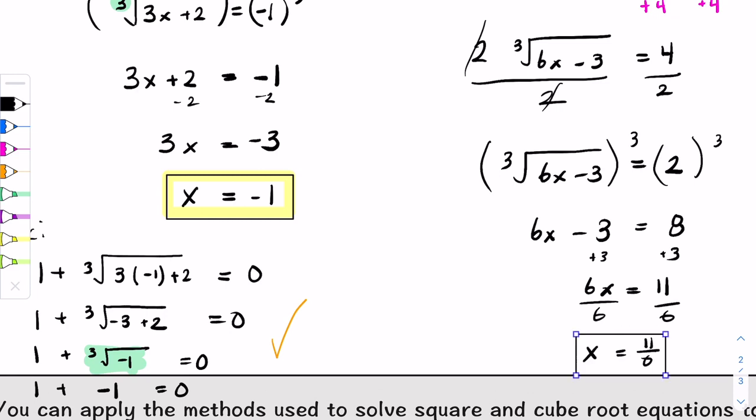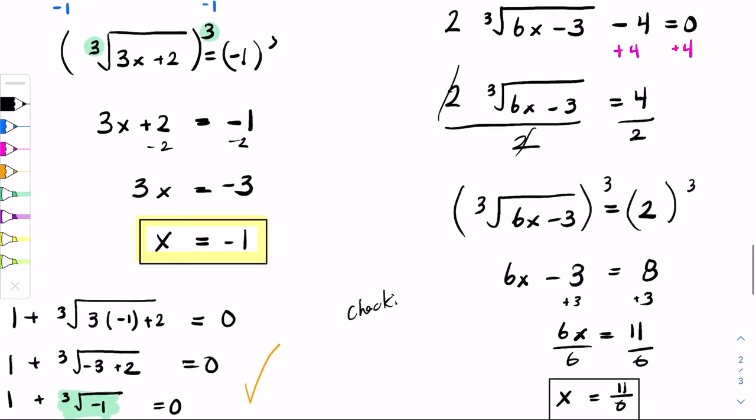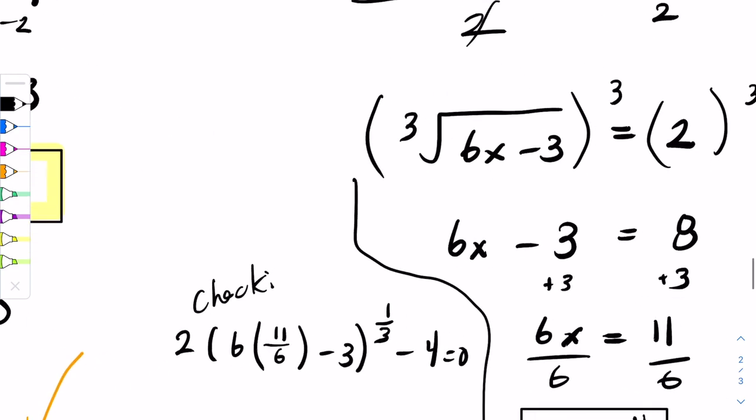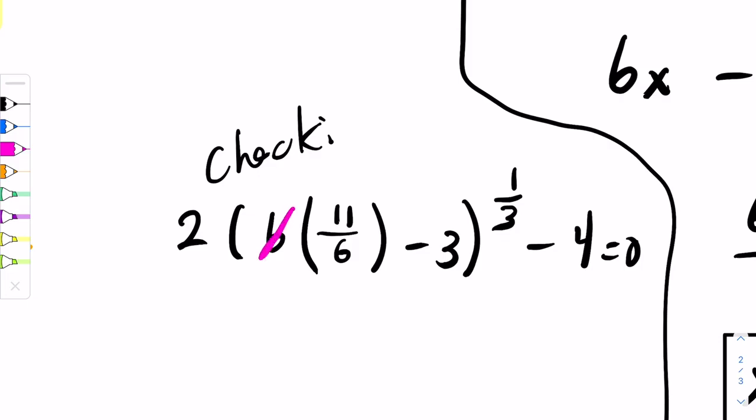So you do have to check this answer, even though it is a fraction. You should still check it. To check this, we end up with 2 multiplied by (6 times 11 over 6 minus 3) raised to the power of 1/3, minus 4 equals 0. Now, if we look at this fraction, 6 and 6 are going to cancel. Technically, that's 6 over 1 times 11 over 6.